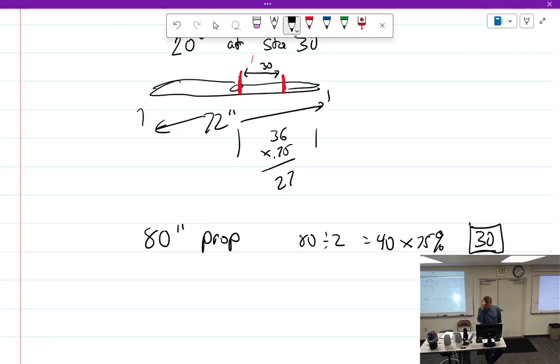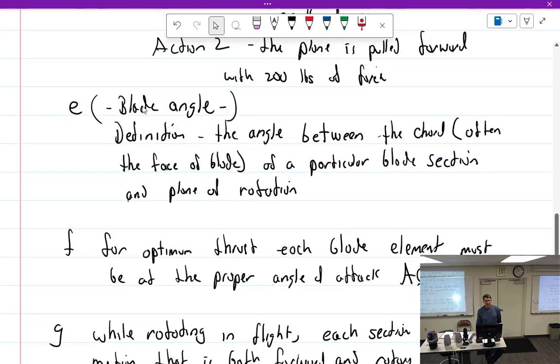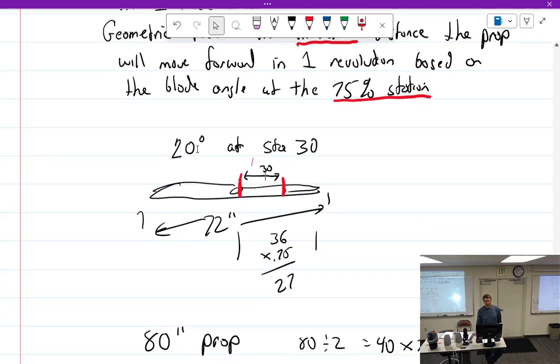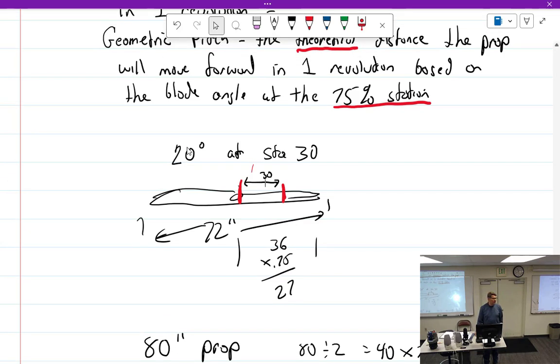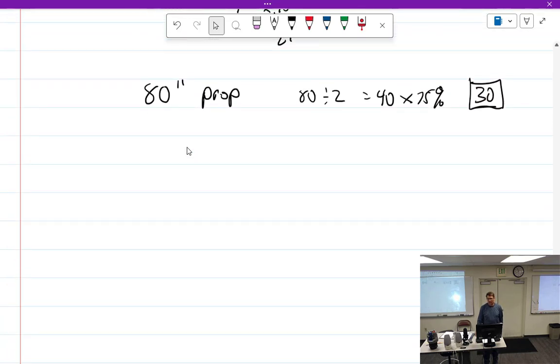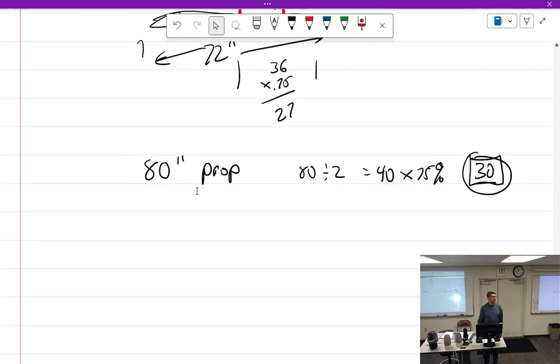So we take a look at that and ask, what is the blade angle? Of course, we're going to assume that the hub is flat, not oblong. The prop goes around, we measure that, and it's 20 degrees. Follow me so far? Why am I using 75% station?